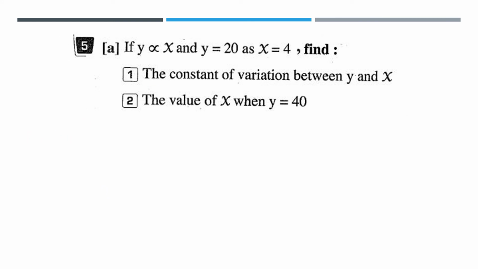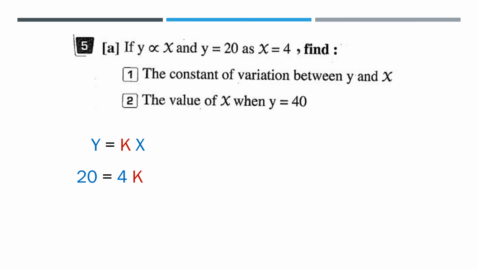Question 5a. If y is directly proportional with x and y is 20 as x equals 4, find the constant of variation between y and x. Okay, first we write the rule: y equals constant times x. We start to substitute. Instead of y I will put 20, instead of x I will put 4.